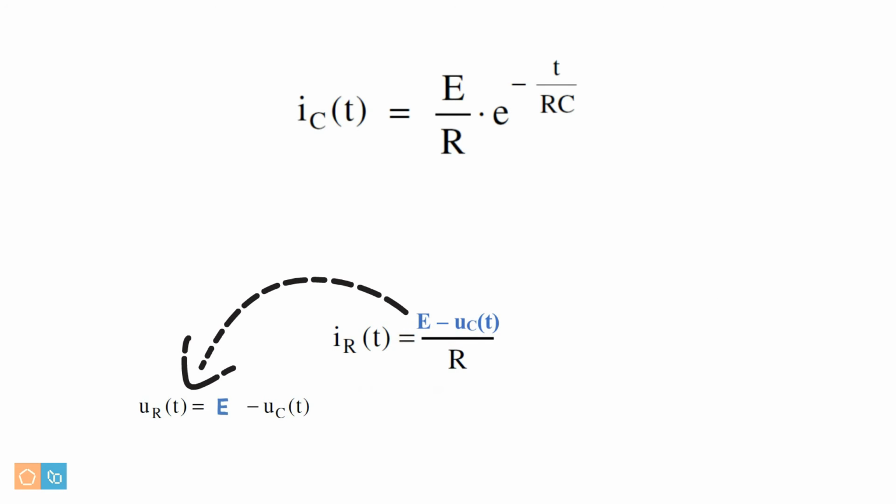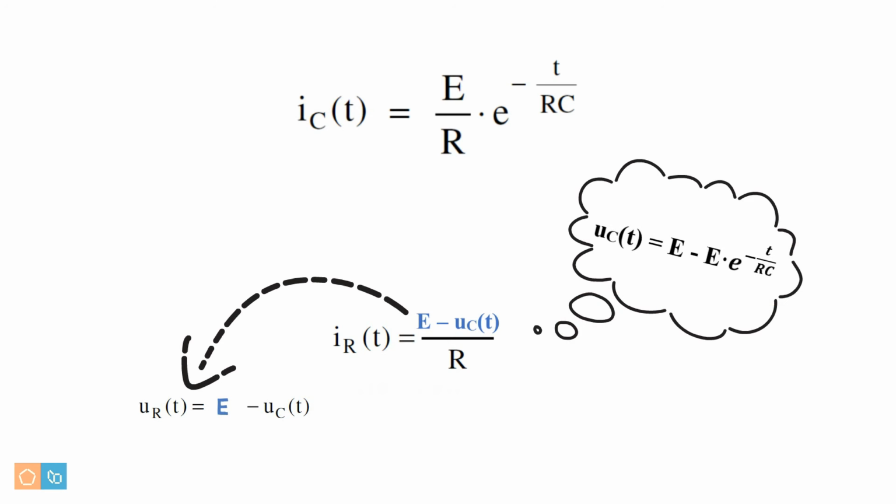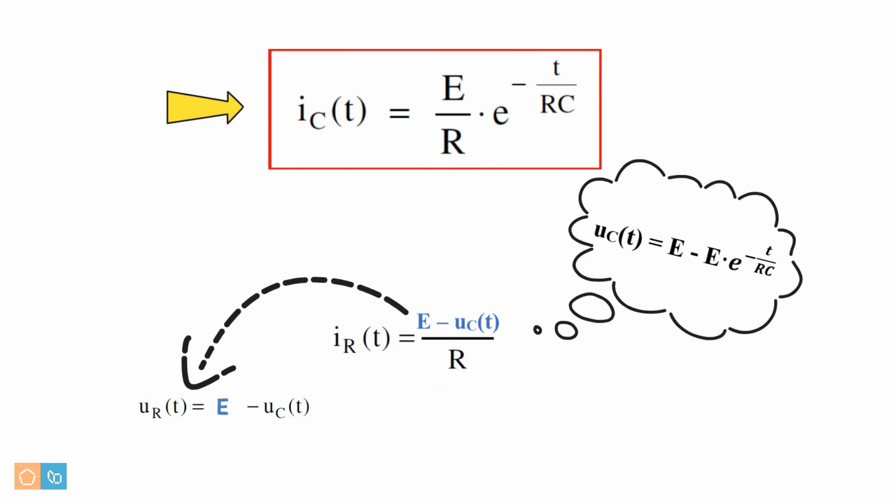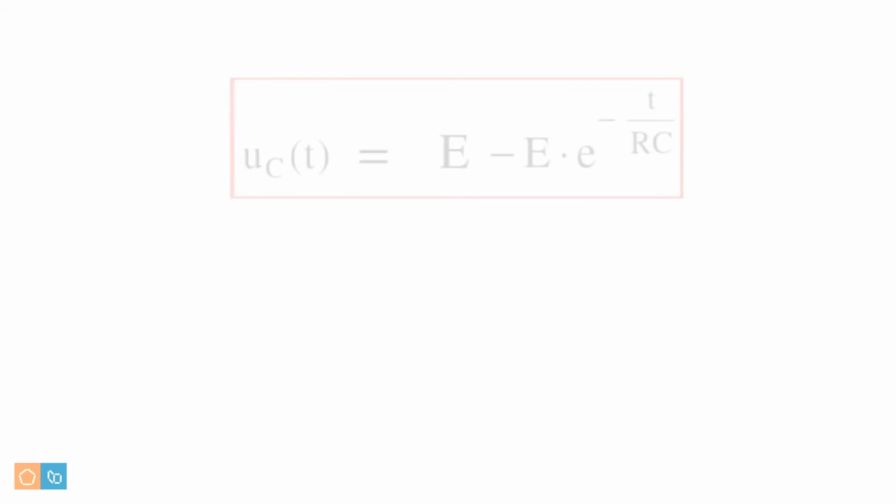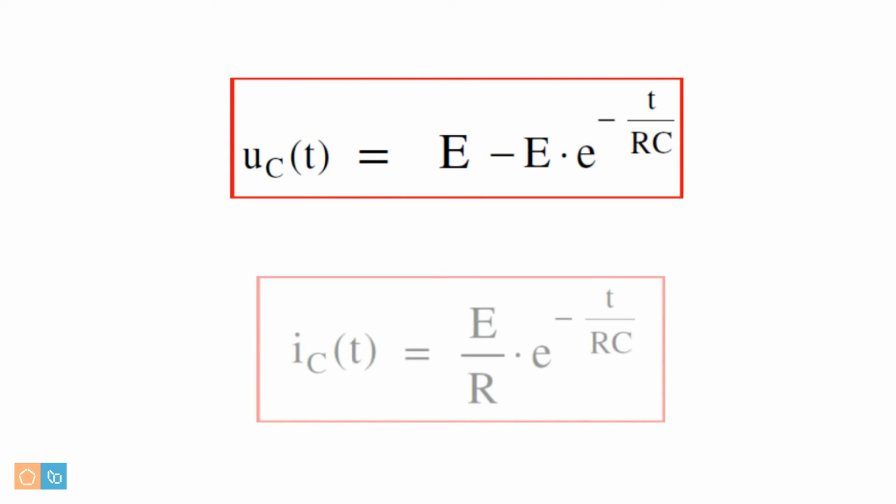Ultimately, by replacing UC with the equation we saw above, we get our final expression, which is this one. Cutting things short, these are the equations that translate the forced response of a first-order RC circuit.